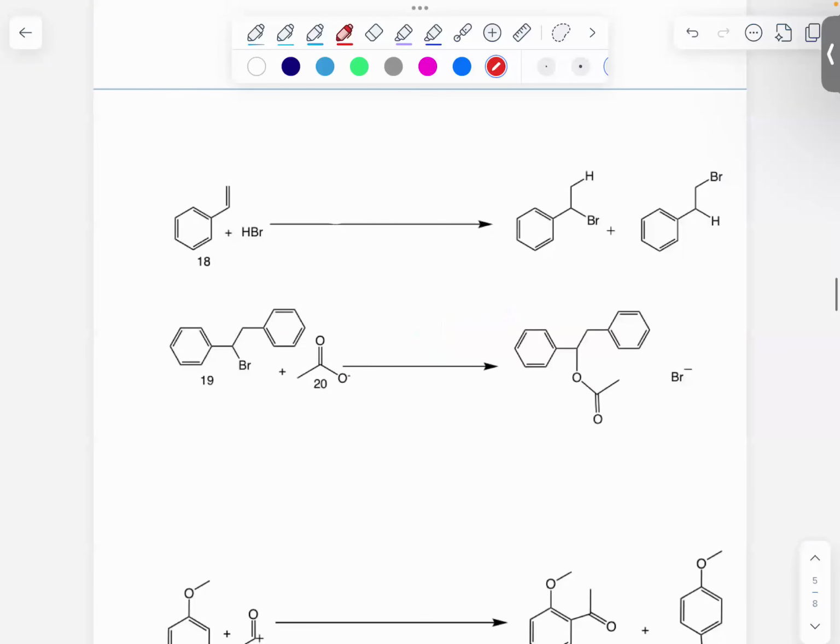So with this one, you have the starting material and the product. What reaction is this? Addition? Any particular kind that we know about for alkenes?